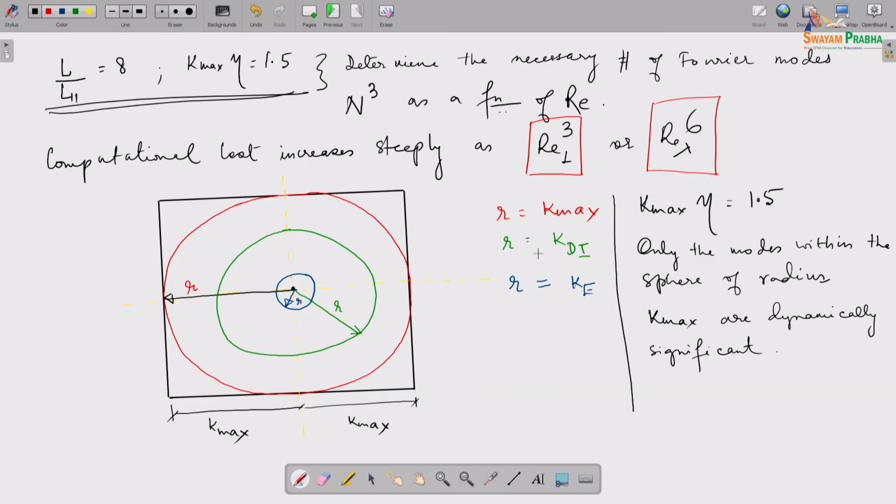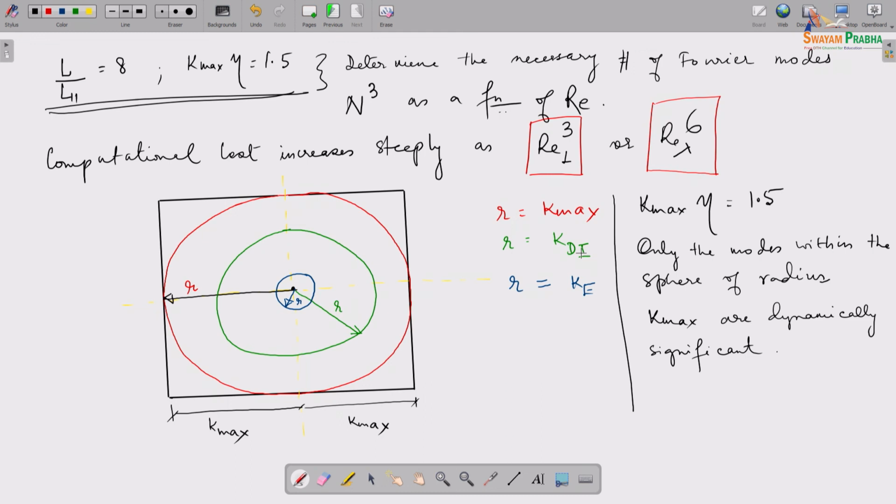So, I am restricting the domain and looking at dynamically significant waves, but still I do not have sufficient computing capacity. You know that the dissipative range is between k max and k d i, the Kolmogorov scales which we have learnt earlier.